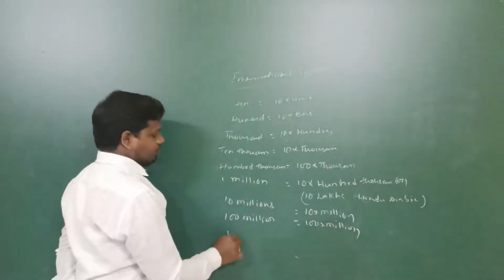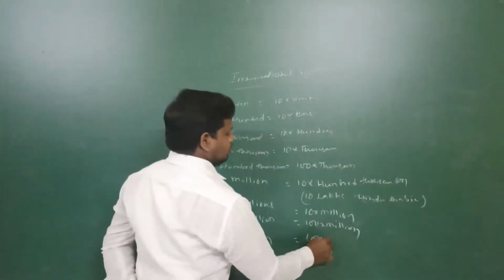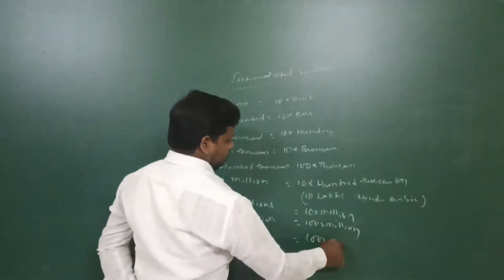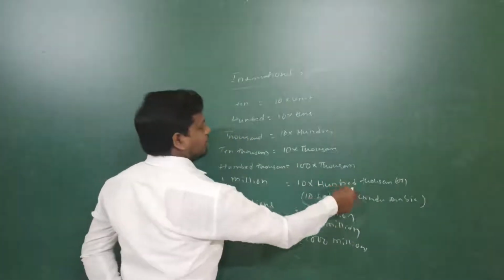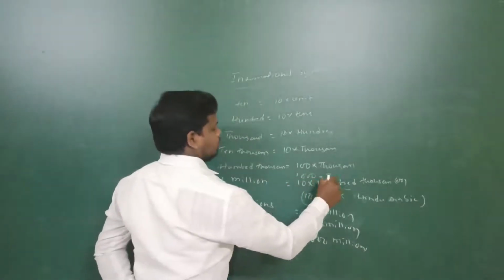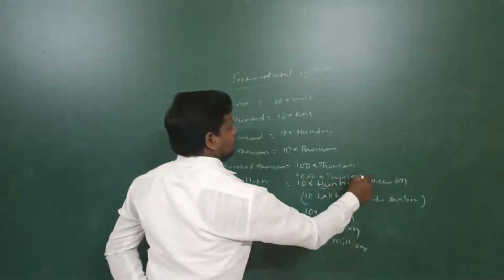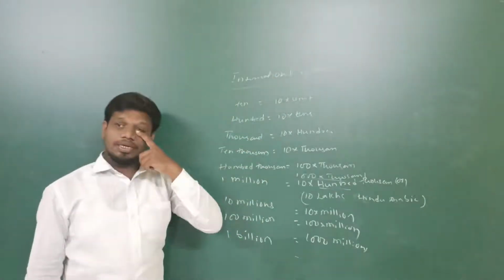Next 1 billion. 1 billion equals 1000 millions. Or here we can write 1000 into 1000, and 1000 into 1000 we can call 1 million. So this is about the international system.